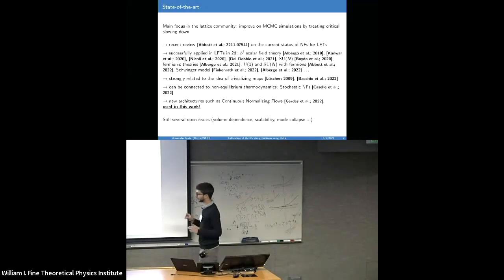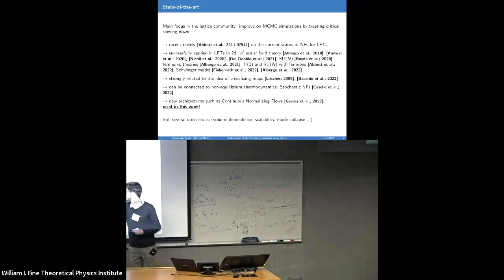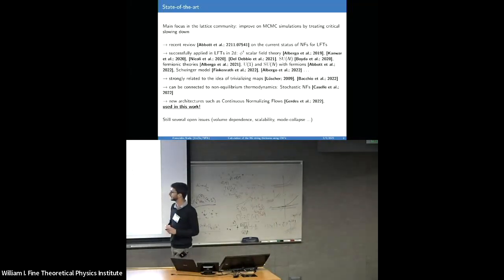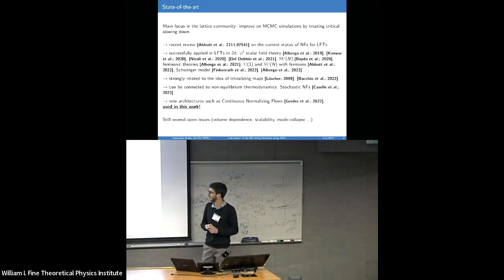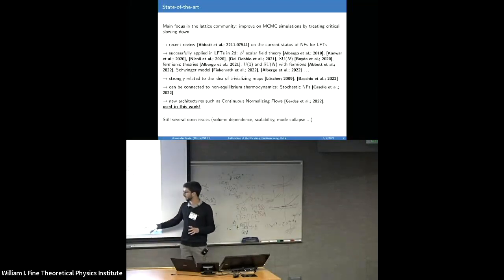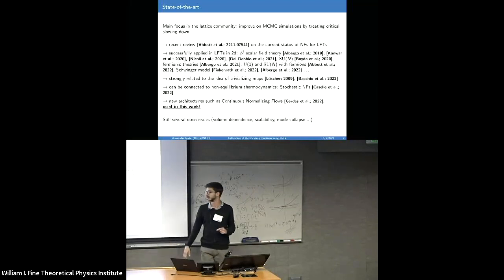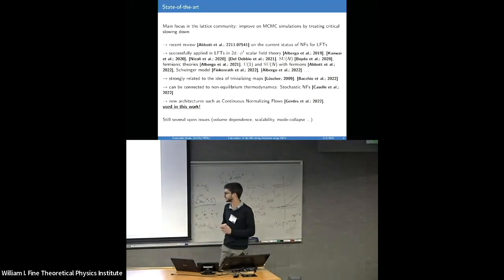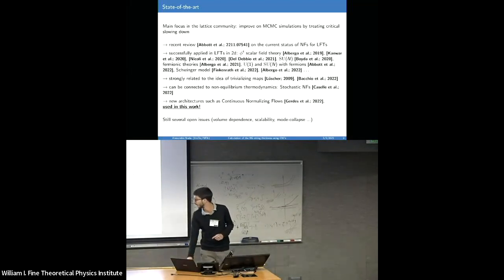The only architecture I will mention today is continuous normalizing flows, also quite recent, which we have been using. One final comment is that there are several open issues in this field, mostly concerned with how the length of the training scales with the volume or with the dimensions. So this is definitely non-trivial.